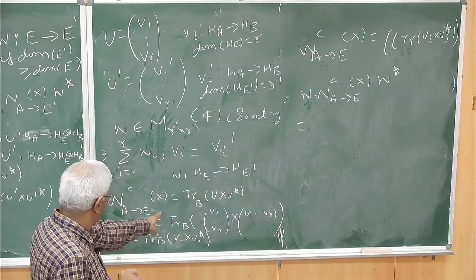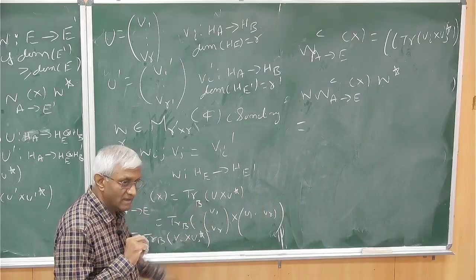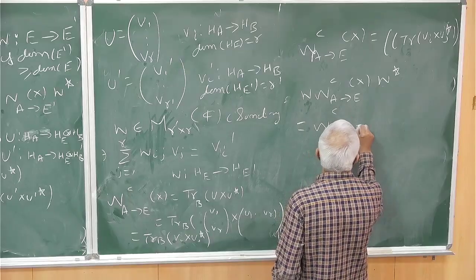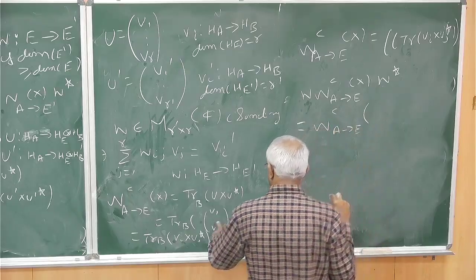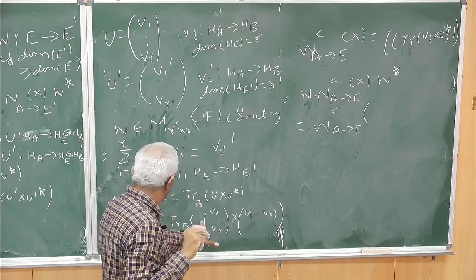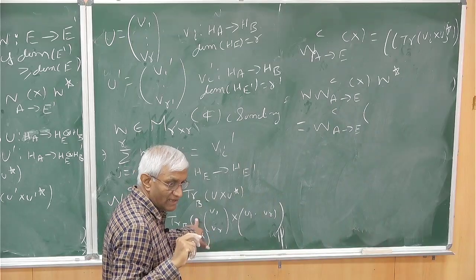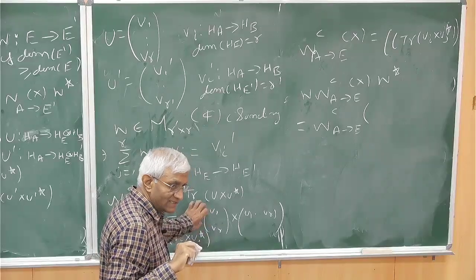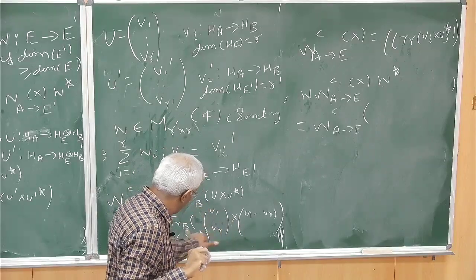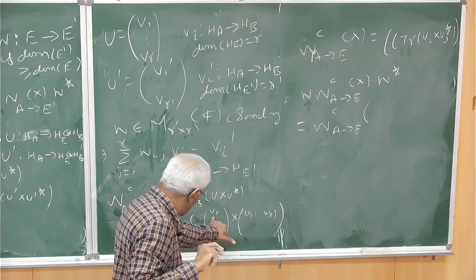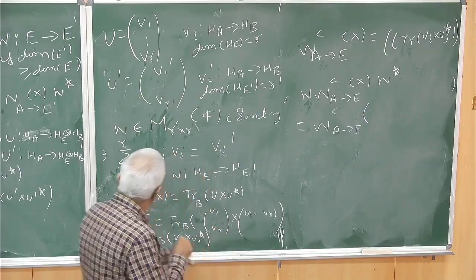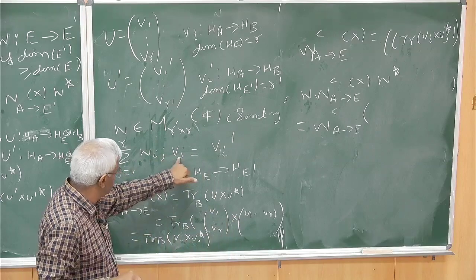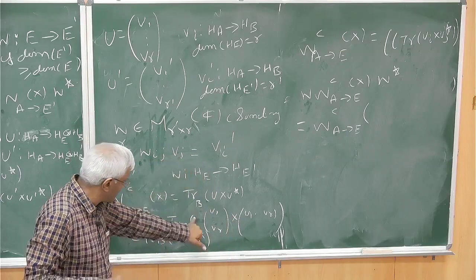What I'm saying is this is equal to N complement A tensor E. It is a tensor product, but with the scalar W, having Wij times the identity of that entry. Wij is a scalar, but this is a matrix. So if you apply the W, you will get Vi prime.